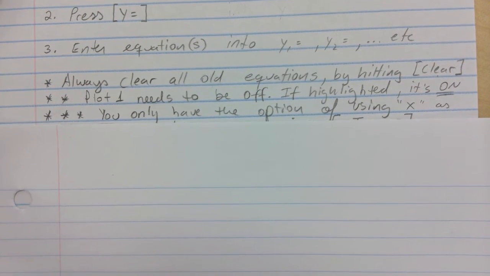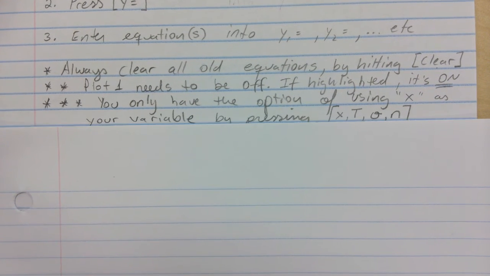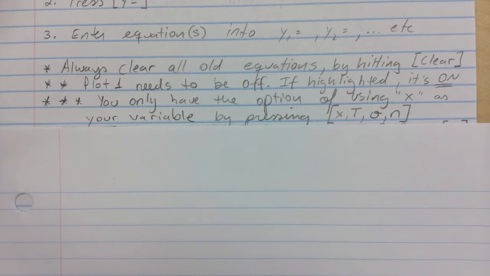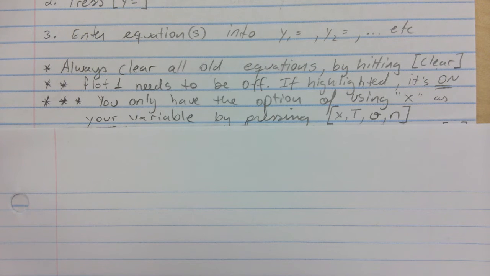The third point, you only have the option of using x as your variable. So let's say you're trying to enter an equation that's using t's or n's or whatever. The calculator only knows x as the other variable other than y, okay?